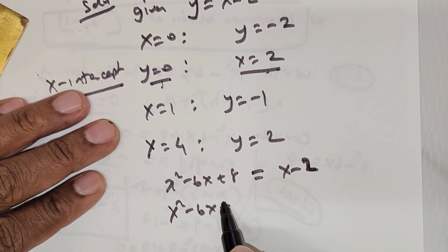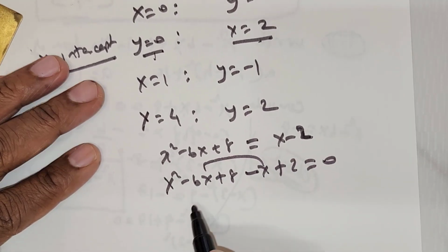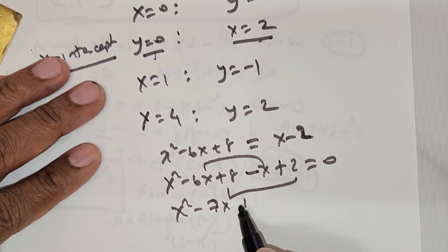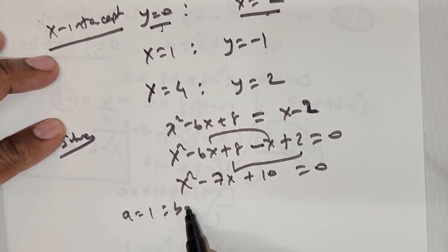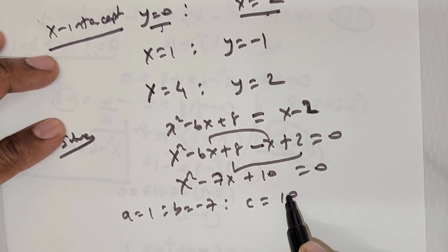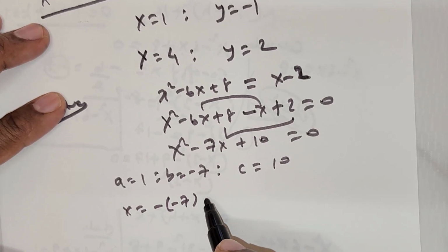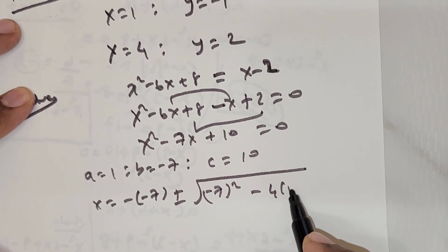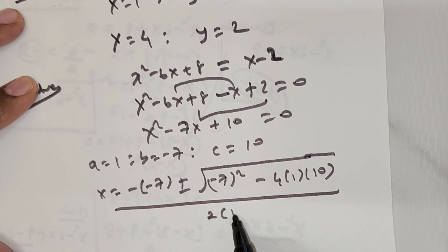This is going to be x squared - 6x + 8 - x + 2 is equal to 0. You add these together, you get -7x. Add these together, you get +10 is equal to 0. So a is equal to 1, b is equal to -7, c is equal to 10. x is equal to -b plus or minus the root of b squared - 4ac, divided by 2a.